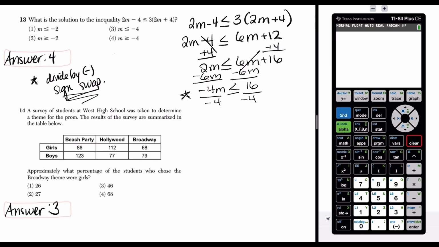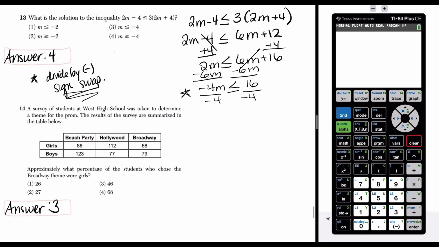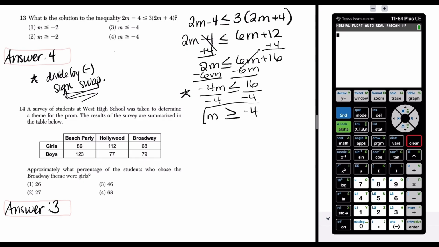I'm going to end up with m is, and this is where the flip happens, greater than or equal to negative 4. And there's our answer for number 3. So again, that's why I wrote this down as a reminder, because we know it's the thing we're supposed to do, but your brain might be going super fast with solving for m and forget that little step.